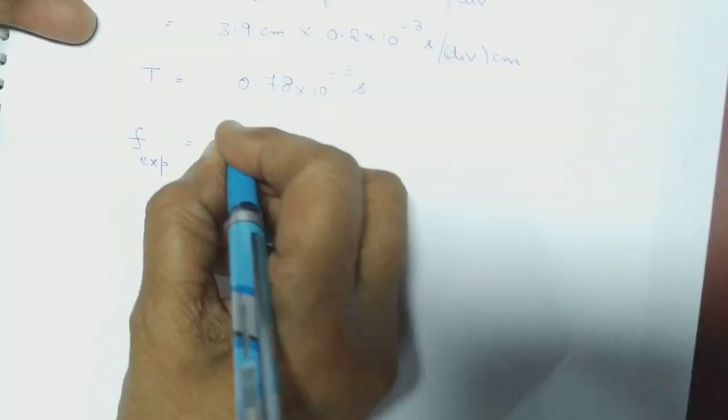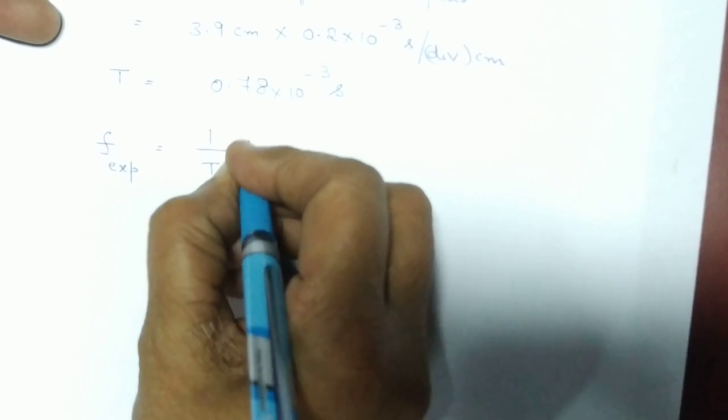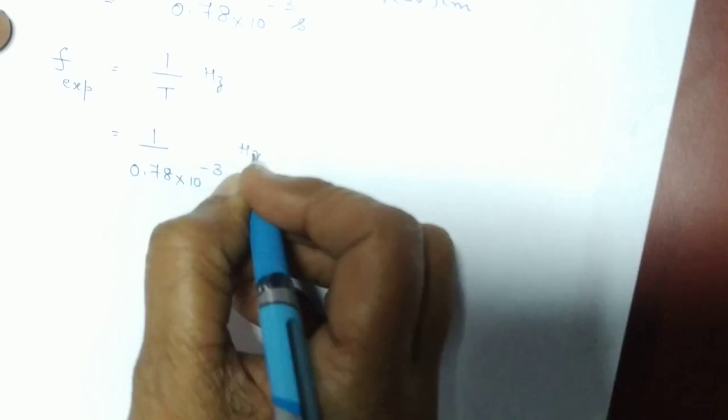Time period 0.78 into 10 to the power of minus 3, and in the heading of the tabular column you write it as seconds. I'll calculate the experimental value of frequency as 1 over T, unit of frequency hertz. 1 over 0.78 into 10 to the power of minus 3 hertz.